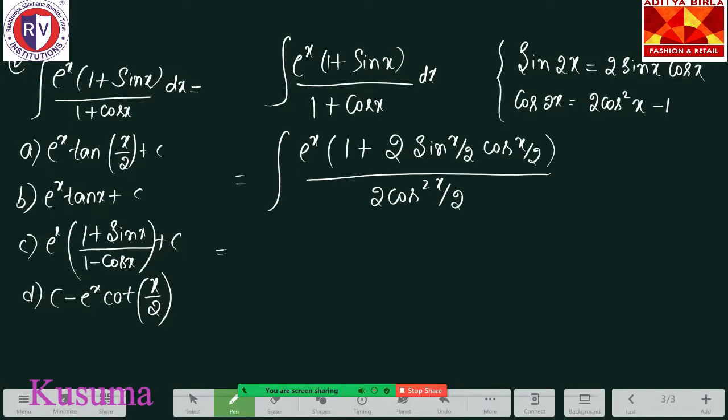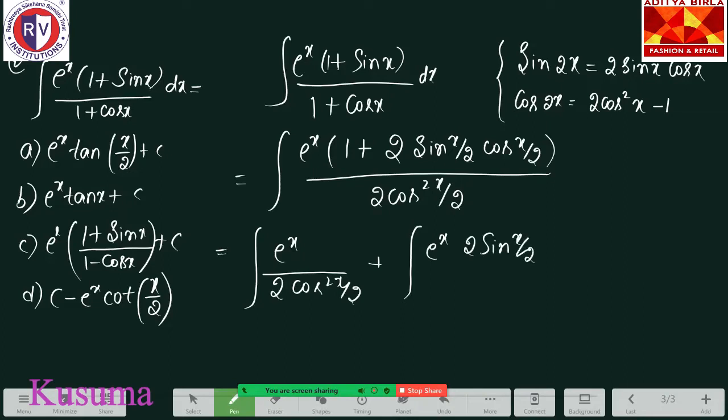This will be equal to integration of e to the power of x divided by 2 cos square x by 2, plus integration of e to the power of x into 2 sin x by 2 cos x by 2 divided by 2 cos square x by 2.